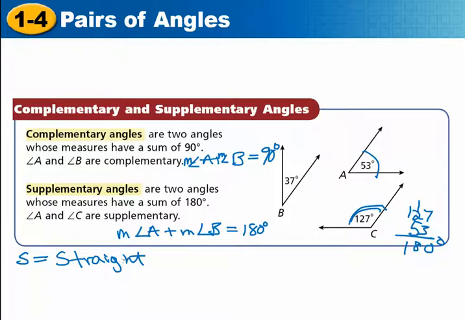So they're supplementary. If you think about moving angle A down here, then you would have a straight line. So supplementary is straight, 180 degrees, complementary is 90. But they don't have to be adjacent. They can be, but they don't have to be.